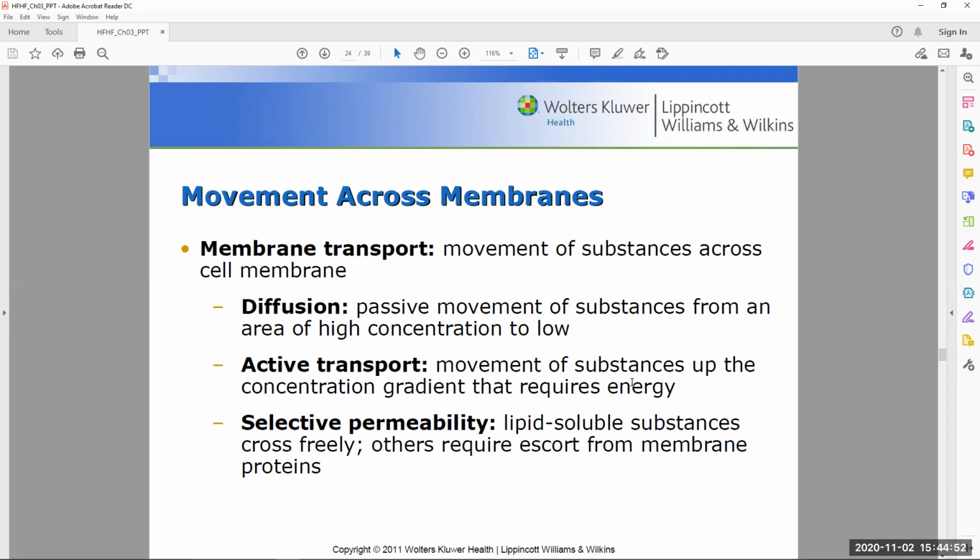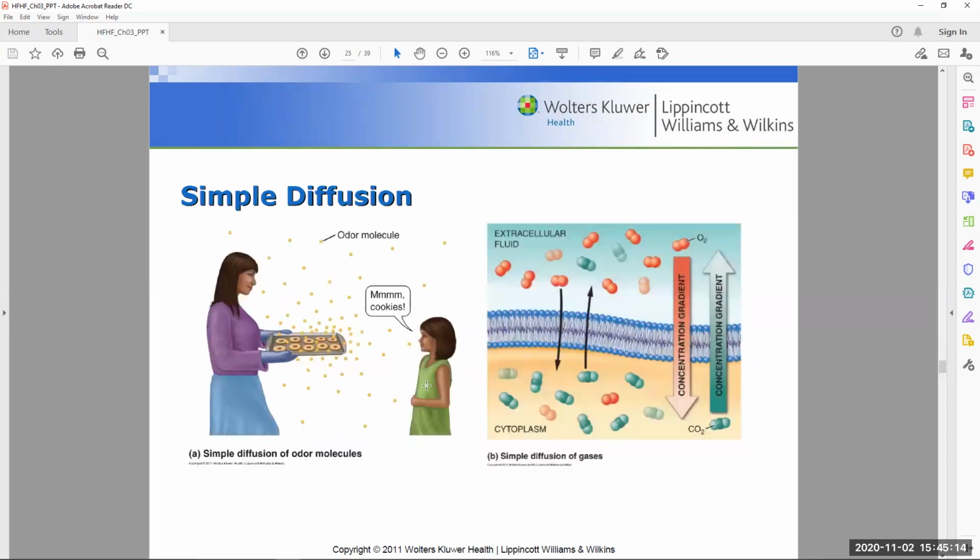This energy is usually in the form of ATP. Selective permeability is where lipid-soluble substances can pass freely across the membrane because the membrane is primarily composed of lipids. It's a lipid bilayer, but others require escort from membrane proteins. So therefore, with selective permeability, only certain ones can pass through.